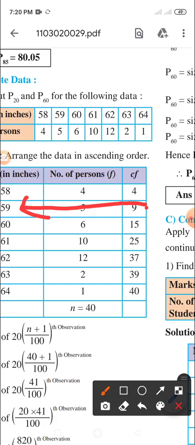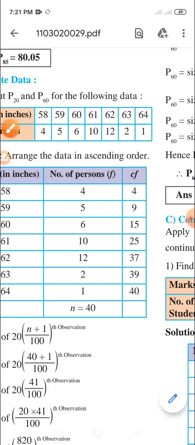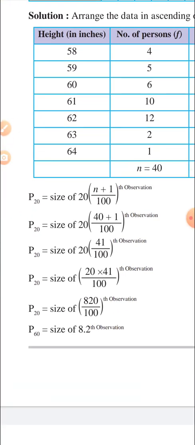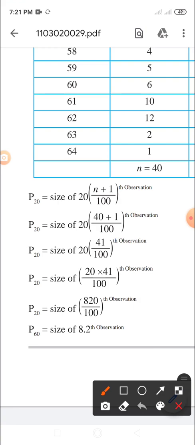That is, P20 is equal to 59. By a printing mistake, 60 is written here; we rectify it as 59. So P20 is equal to size of the 8.2 observation.